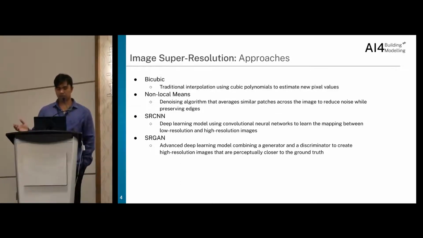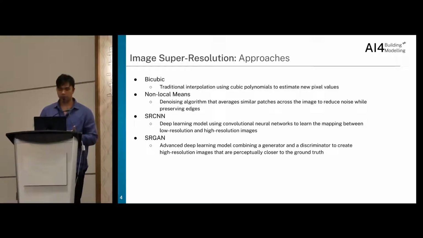And one of the latest, probably not so new because it's already a long time ago, but kind of state of the art right now, is an advanced deep learning model which requires two different subnetworks. First, a generator which tries to generate an image, and second, a discriminator to say whether this image is fake or not.